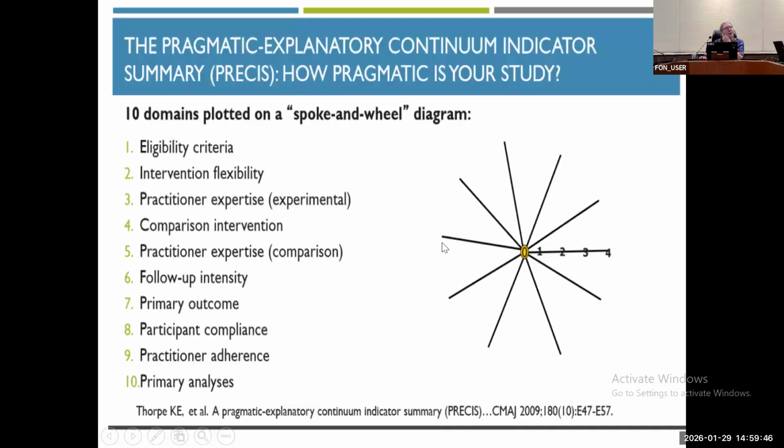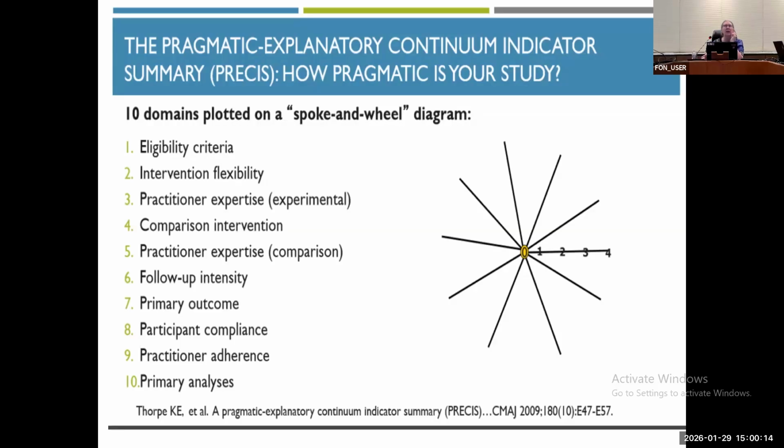So when we think about this, this is one way, and actually the recommended way, to decide whether you want to be more RCT or PCT on that continuum. And this is PRECIS, a pragmatic explanatory continuum indicator summary.